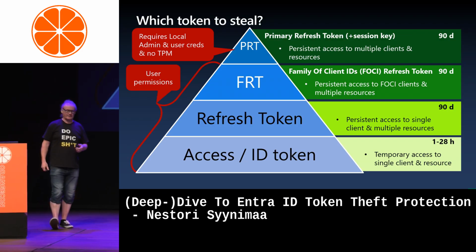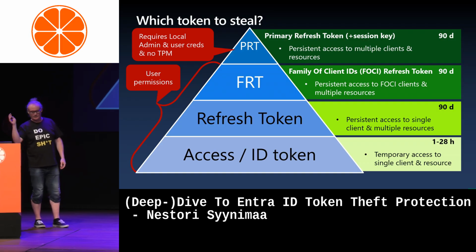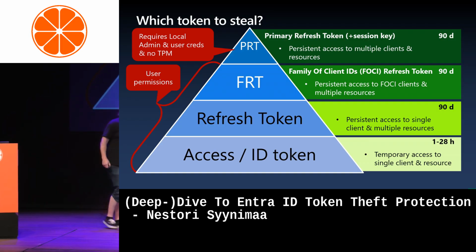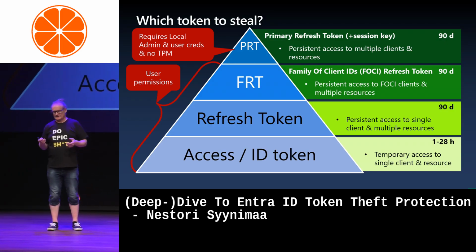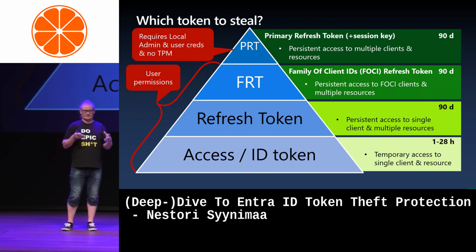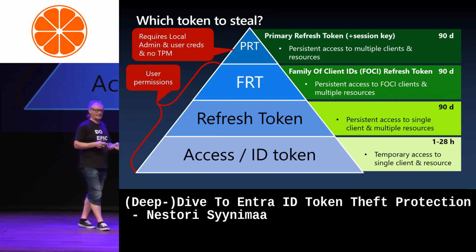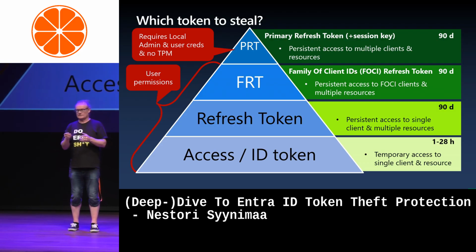But if you only have access as the user, you can get a thing called a family of client IDs refresh token, which covers a subset of our first-party applications. So let's imagine that I got this family refresh token, or let's call it FART, if you will. If you get that, you can exchange it for access tokens to other clients in the same family.